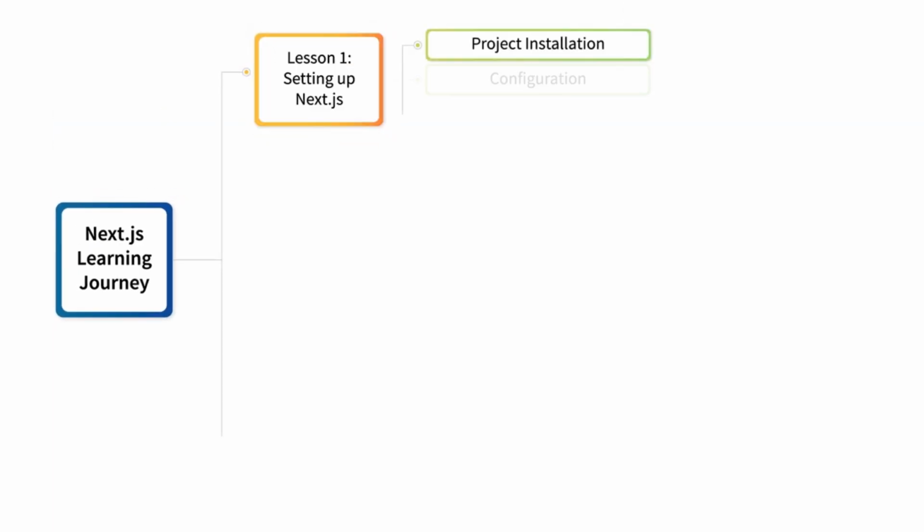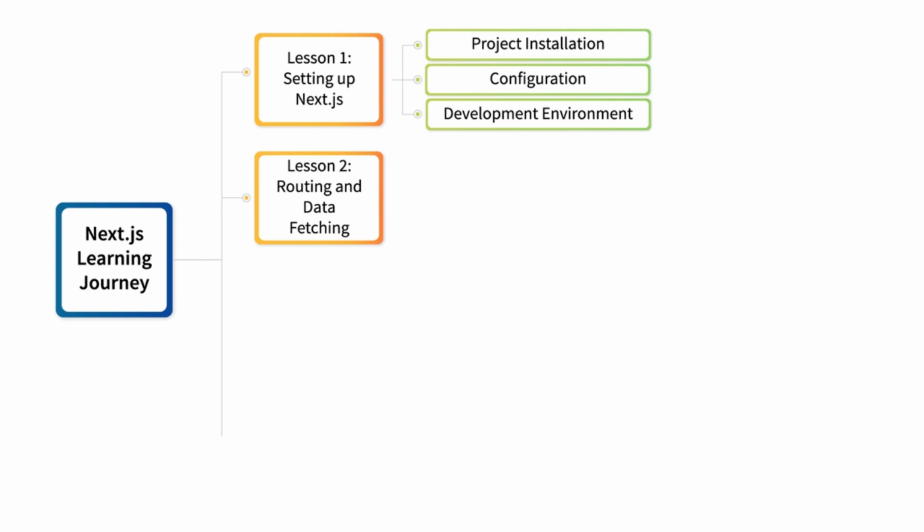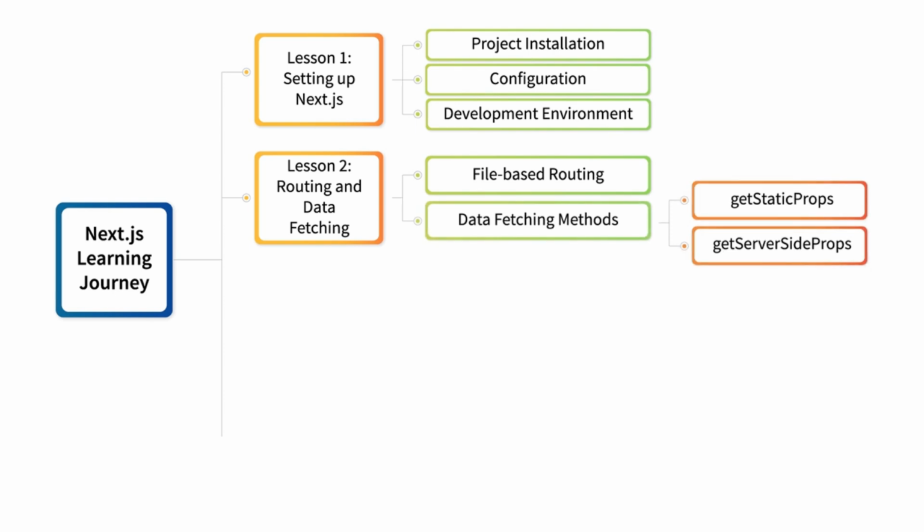First of all, in the first lesson, you learned how to install and configure a Next.js project from scratch, getting comfortable with the development environment. This gave you the first taste of how efficient this framework is for React-based development. Then we explored how easy it is to set up pages and routing with Next.js's file-based system. Then we looked at powerful data fetching methods.